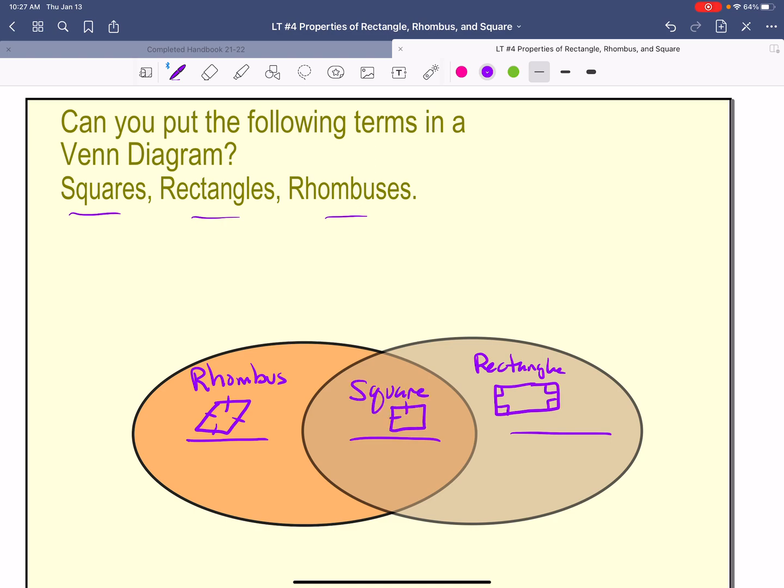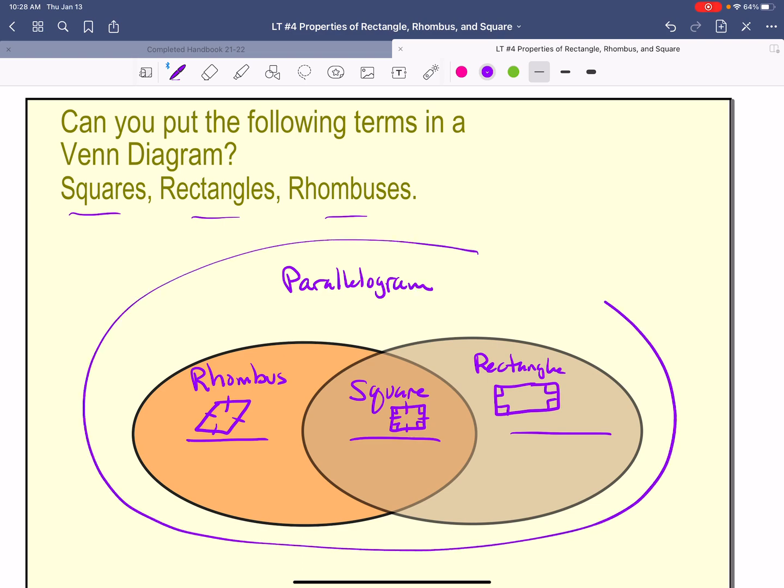Both of these conditions are holding true in a square. Therefore, we say that a square is both a rectangle and a rhombus. Now, also keep in mind, which is sort of bizarre, is that all of these are a type of parallelogram. So within the parallelogram family, we have these specific types: rhombus, rectangles, and squares.